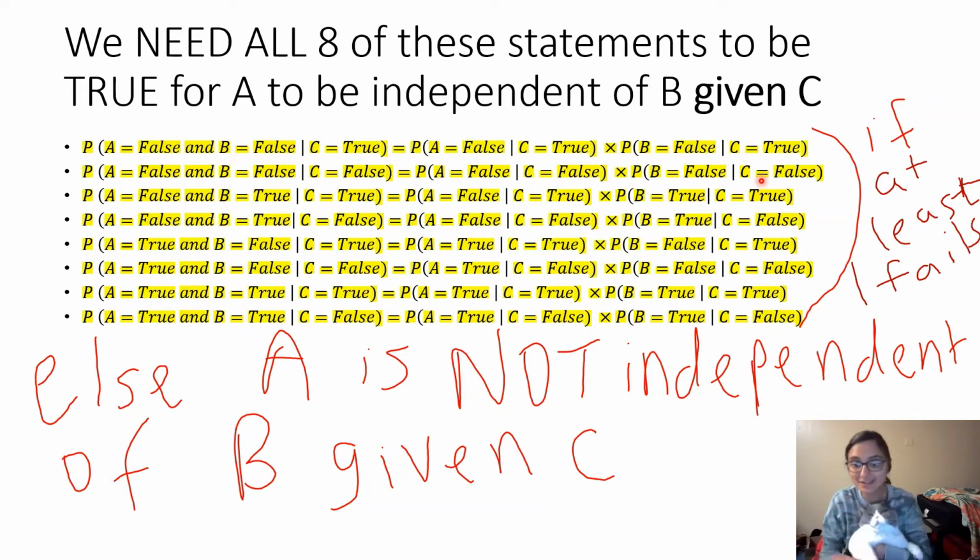That's a lot to test. And if all of these are equal, then A is independent of B given C.